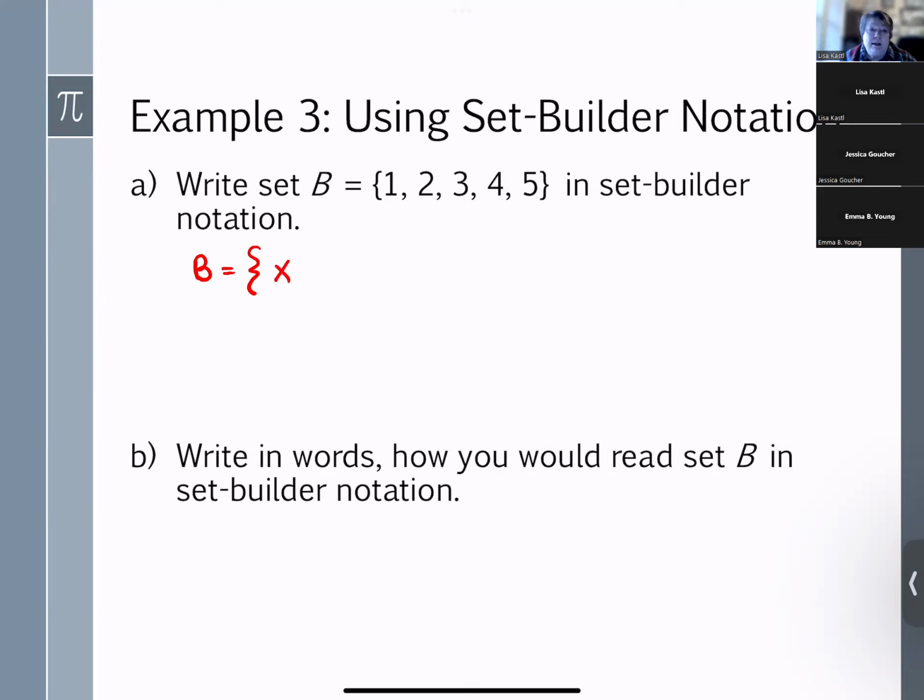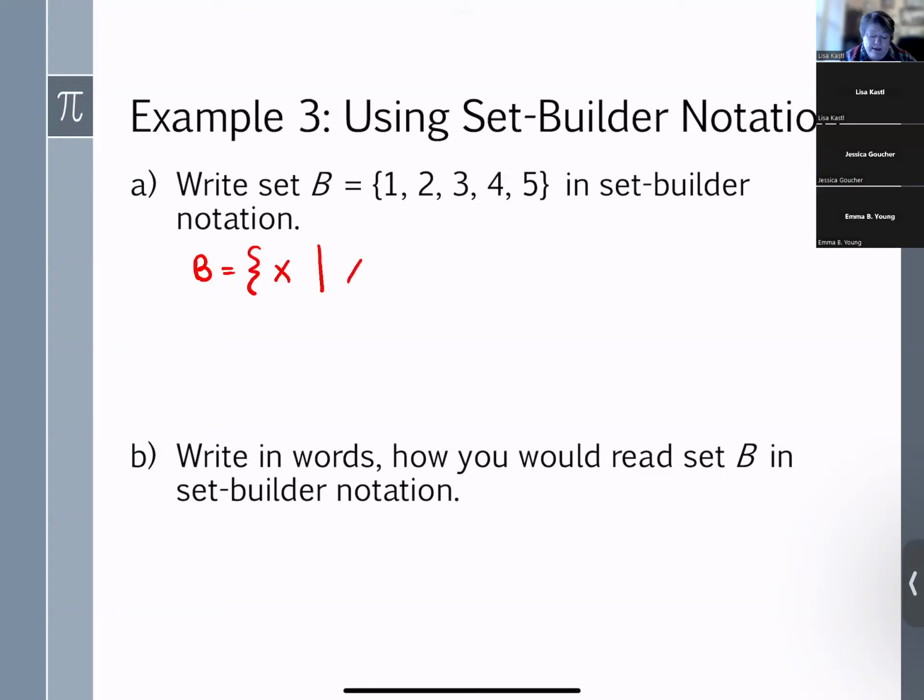And x is the typical variable we use in algebra everywhere, correct? Always use x and y. Those are the 2 variables we use the most often. So we're going to use x here, and then we're going to put our vertical bar to represent the "such that." And then we're going to describe the set using interval notation.